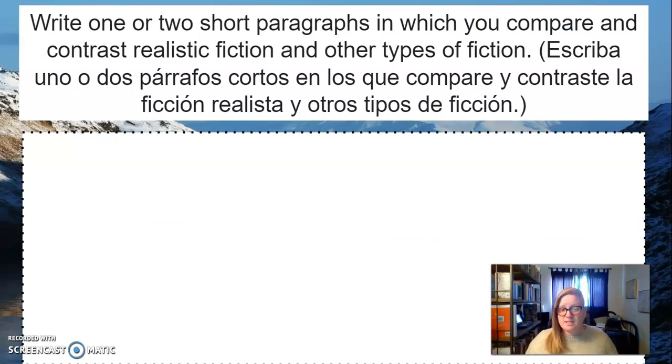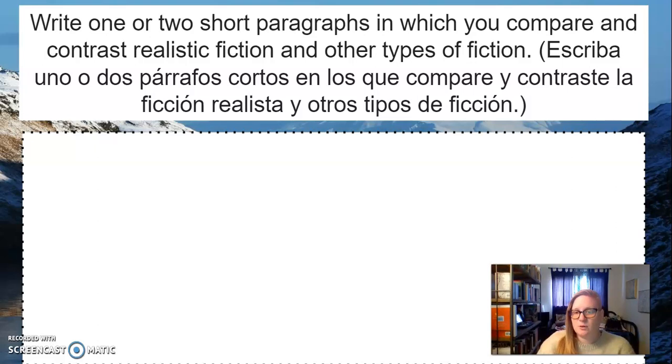Now, after you've looked at everything and found all of those different examples as to why Water Sky is a realistic fiction, you're going to write 1 or 2 short paragraphs in which you compare and contrast realistic fiction, like Water Sky, to other types of fiction. This could be stories that you've read at home, stories that we've read together in class, like King Midas and Snow White, a Russian Folktale, or Cinderella.